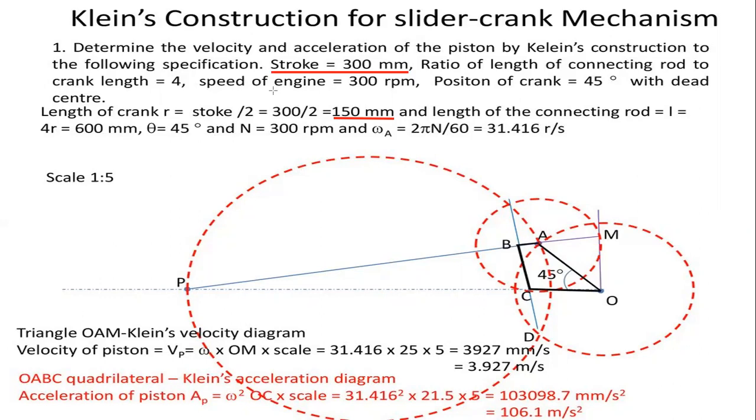And next, length of the connecting rod. So length of the connecting rod is taken as 4 into R. So 4 times the radius. So length of the connecting rod L is equal to 4R, that is 600 mm. So 4 into 150 mm, that is 600 mm.